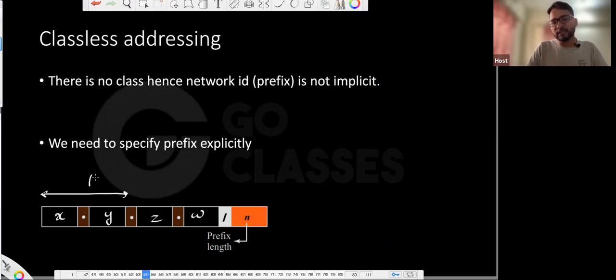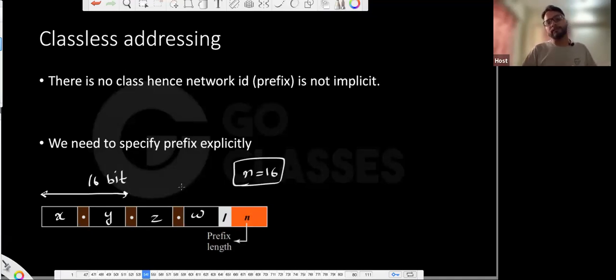If the initial 16 bits are the network ID, then I will say the value n will be 16. So basically, in classless addressing, I explicitly have to tell what the network ID is. Earlier, the network ID was implicit. That's the only difference, and it makes the implementation very convenient.